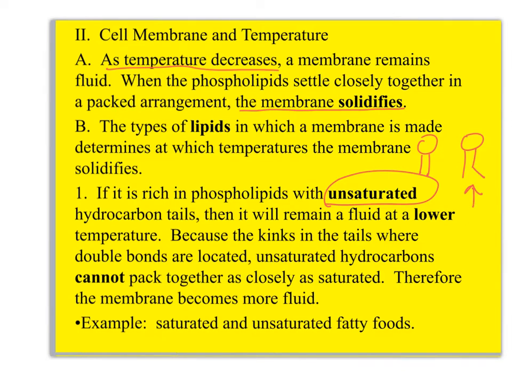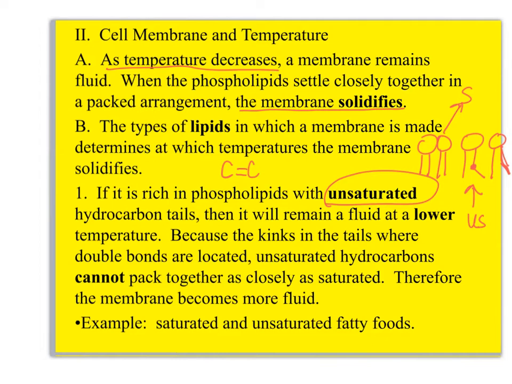So what that means is when I put these, they can't get as close together. Sorry, not a great drawer. They can't get as close together as, say, these can. Okay, so this would be unsaturated, and this would be saturated. So you can see saturated can get closer together. So anyway, that kink is where that double carbon-to-carbon bond would be located.